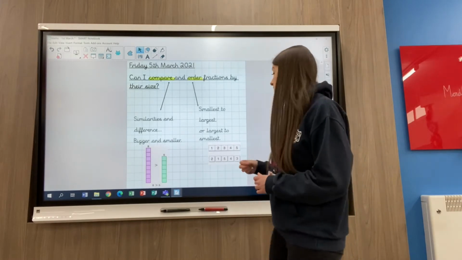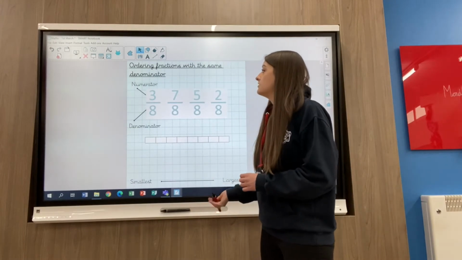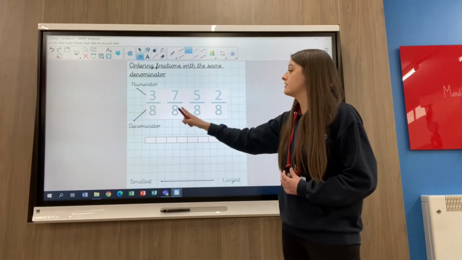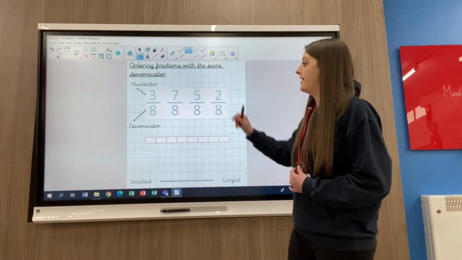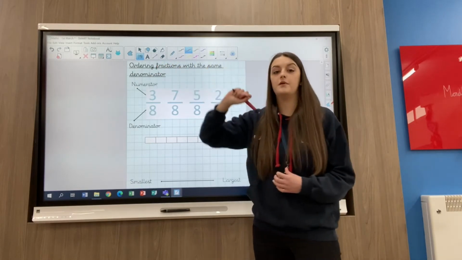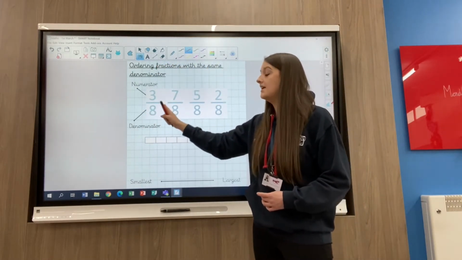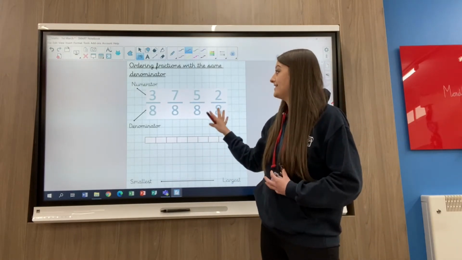So let's have a little look at one of the questions that's similar to yours today. You've got an ordering fractions question where the fractions have the same denominator. You can see here my fractions are made up of a numerator, which is the top number, that's how many parts we have. And our denominator is how many equal parts it's been split into, okay? It's been divided into.